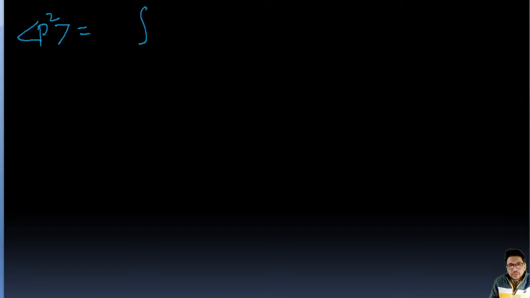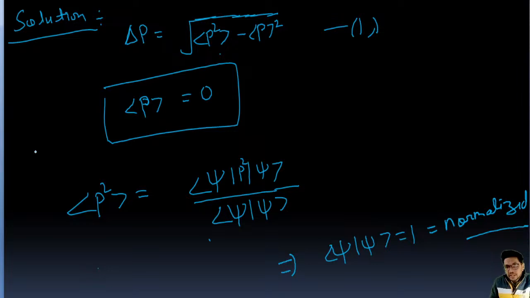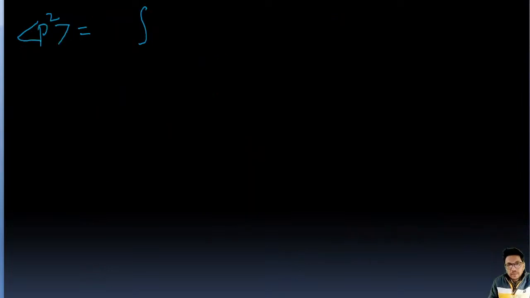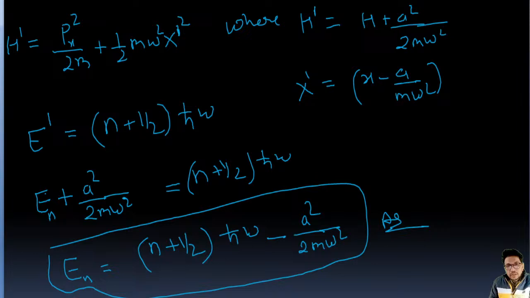So it is psi p square psi, which we can write as the integration of psi star p square psi dx. The value of psi we know, between minus a to a; outside this range the value is 0.